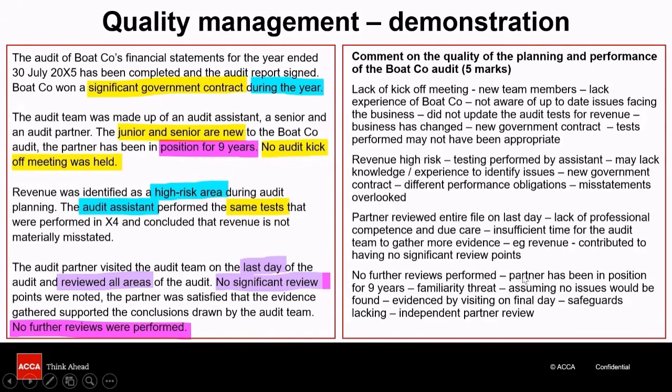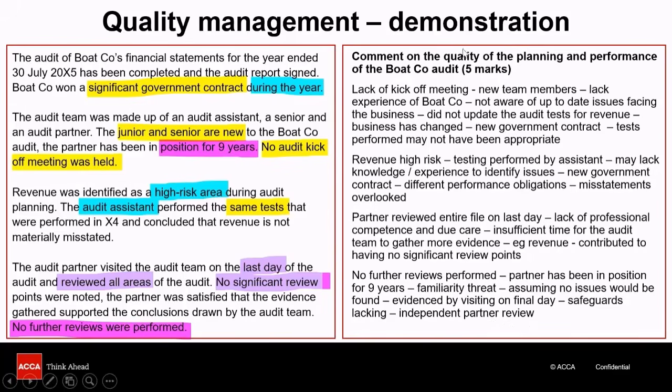And I think that's because, despite the partner having been in position for 9 years with a potential familiarity threat, they may have been assuming that no issues would be found. That's why they came out late on the last day. And that's evidenced by them visiting on that last day. So we've got a lack of safeguards here, despite there being a familiarity threat. This is a higher risk audit. So there should have been some sort of independent partner review.